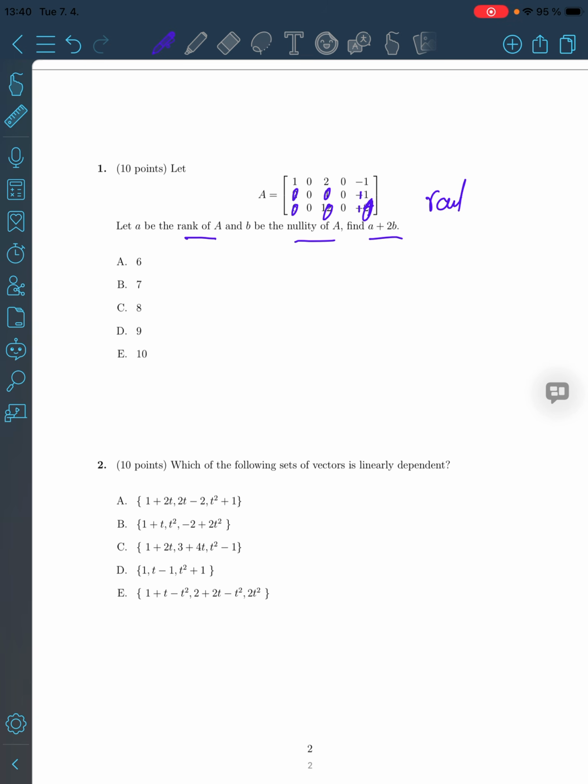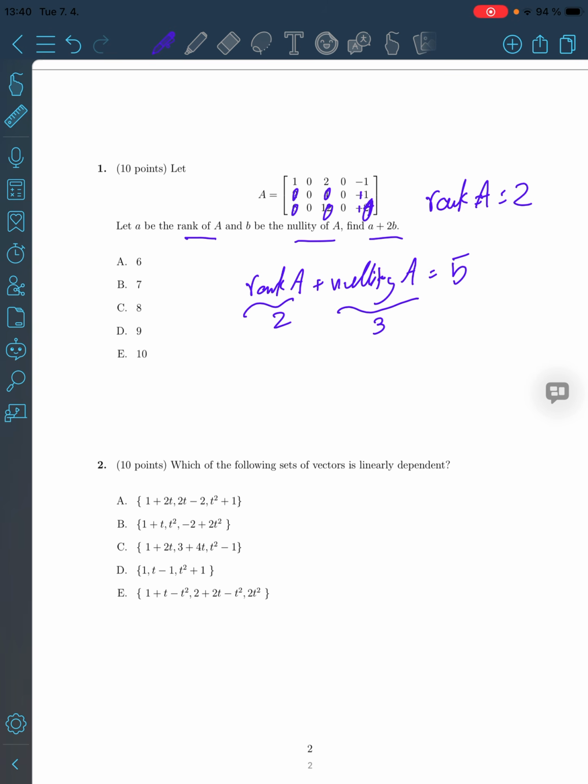Therefore, rank of A is equal to 2, and we know that rank of A plus nullity of A is equal to the number of columns, which is 1, 2, 3, 4, 5 columns. Therefore, this is 2, so nullity has to be 3.